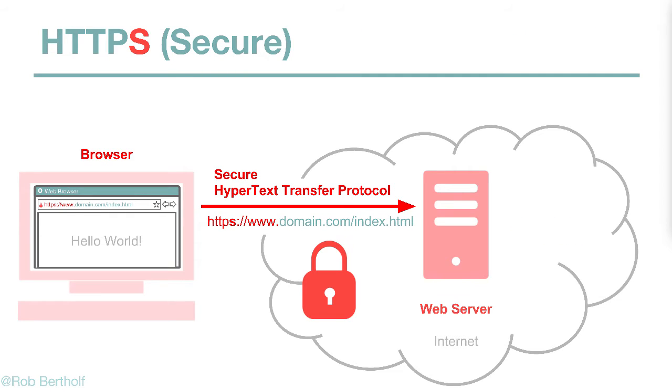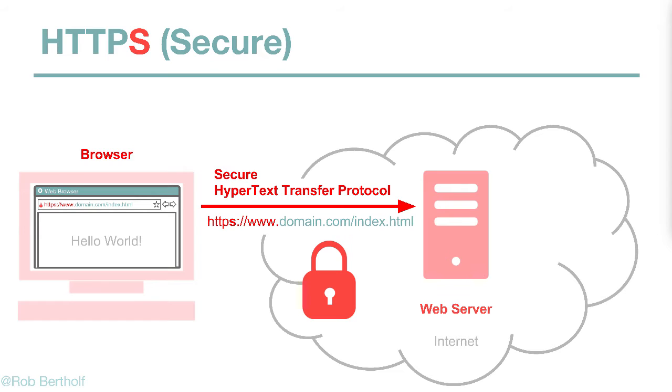When we want to send sensitive information, such as a credit card number or social security numbers, we want to encrypt the transmission so that other people can't sniff out those packets to find our sensitive information, maybe because we're on a shared network or on Wi-Fi in a Starbucks.